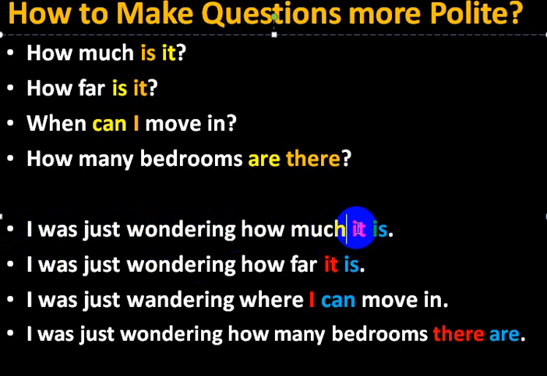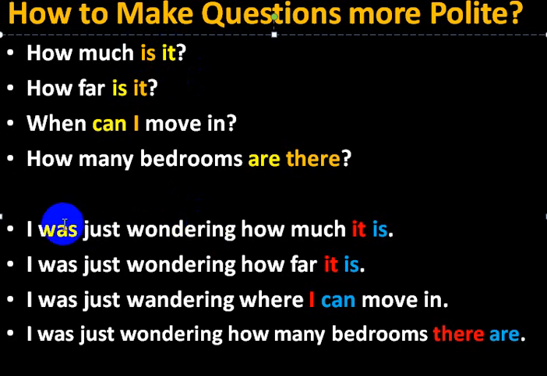The subject should precede the verb. When it is a question, usually the auxiliary verb, or here the main and auxiliary verb at the same time, comes before the subject because it's a question. But if you use this expression, you have to turn the question into a statement. But this statement functions as a question.